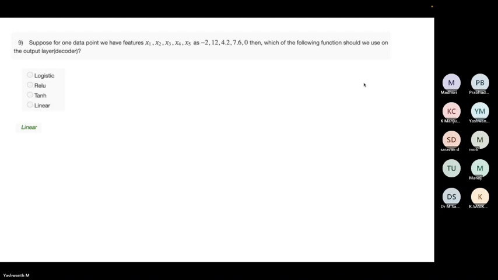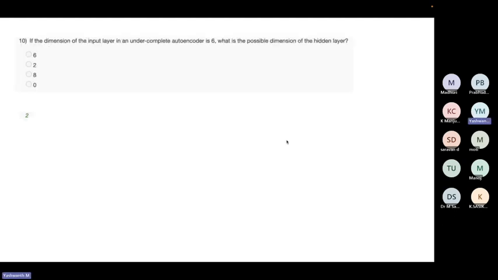Okay, and then the last question is this. If the dimension of the hidden layer is undercomplete, undercomplete means your hidden size is lower than the input size. Which is the possible dimension for hidden?